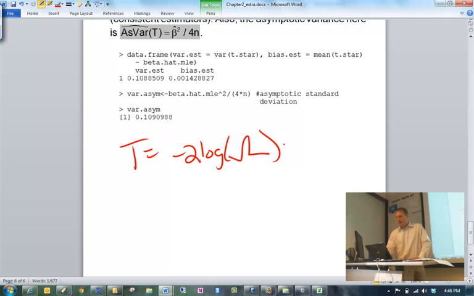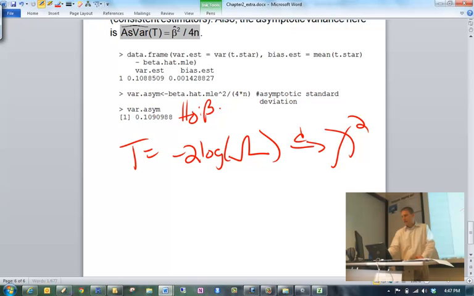We know that for a large sample, this converges in distribution to a chi-square, with degrees of freedom depending upon what you're testing. Let's say I wanted to test beta equal to some number, we'll call it beta 0, versus beta does not equal beta 0. In that case, I would have a chi-square 1. This is for a large sample.